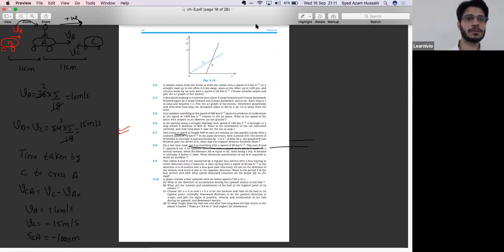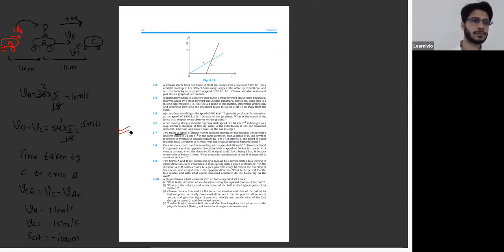Yes, so is it visible? Yes, sir. Minus 1000. So now I have to calculate time taken to cross. There is no acceleration involved. So I can write this VCA as SCA divided by T. So the time taken by car C to cross A is SCA by VCA, or you can simply write this as minus 1000 over VCA, but I have to calculate VCA first.